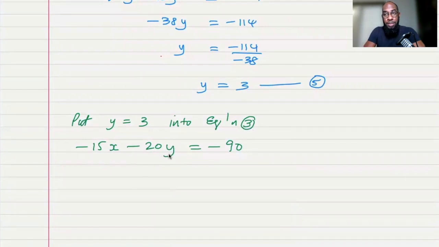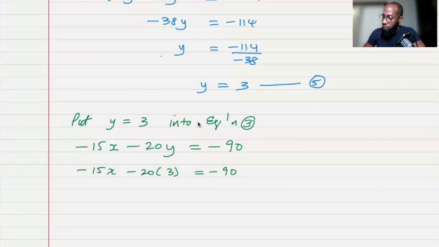Negative 20y means negative 20 times y. So if y is equal to 3, it will be negative 20 times 3. So I have negative 15x minus 20, open bracket, 3, equals negative 90. Bracket means multiplication. So negative 15x minus 60 is equal to negative 90.